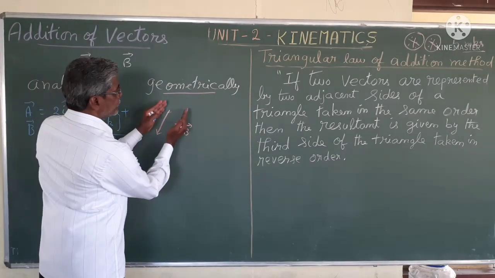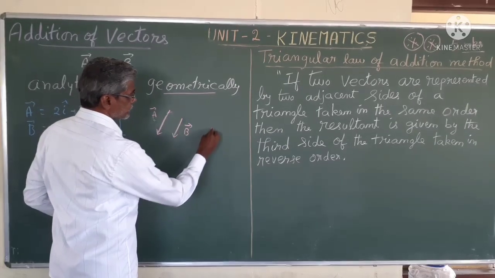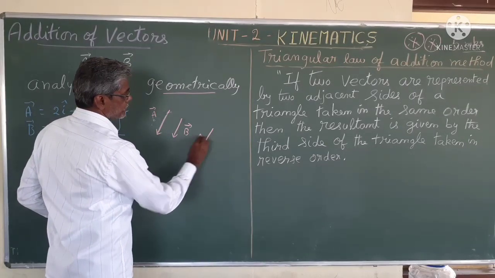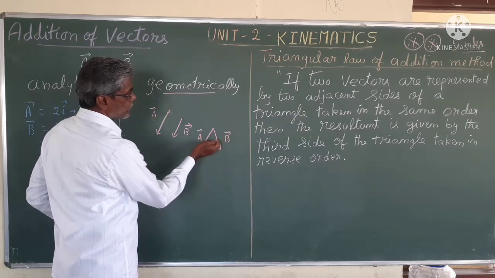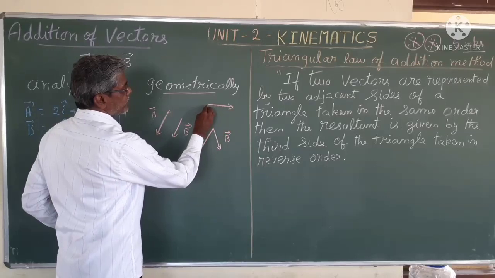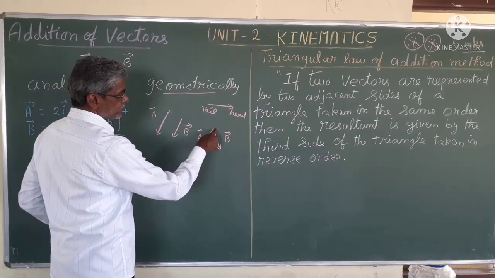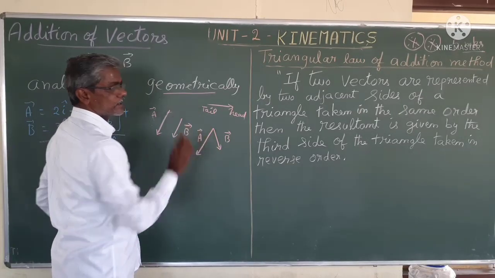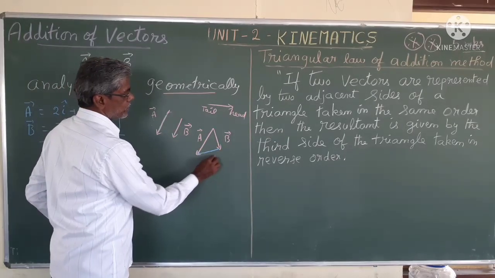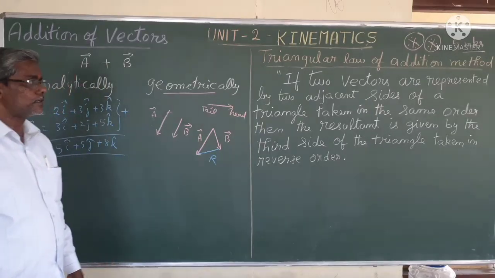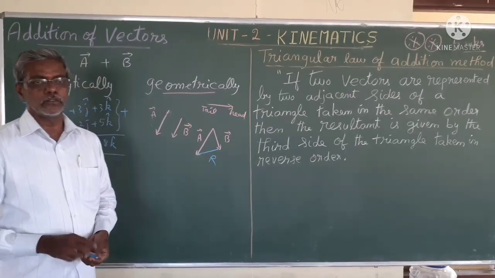What we should do is change the position. Just move like this and bring it in this form. This one is A vector and this will be B vector. Now, this arrow mark means this will give tail, this will give head. So, tail, head, head. These two tails will be joined. So, if I add these two vectors, I will get a resultant vector R. This is a way to find the geometrical form.